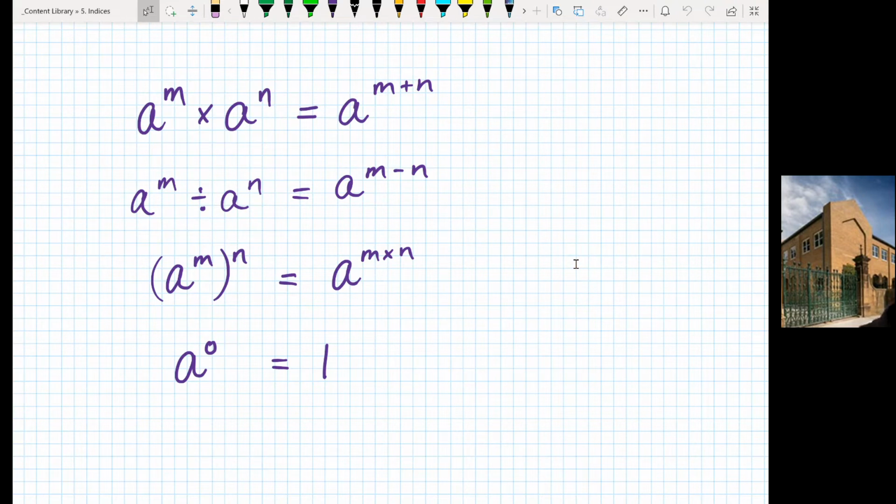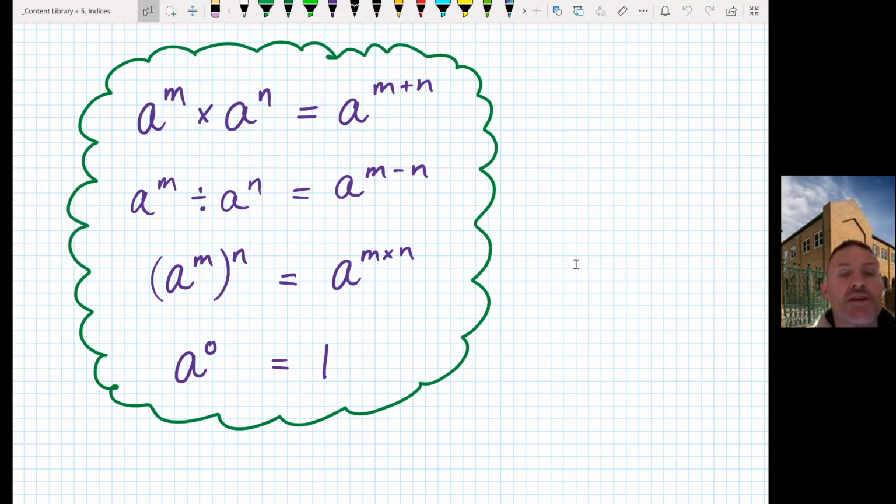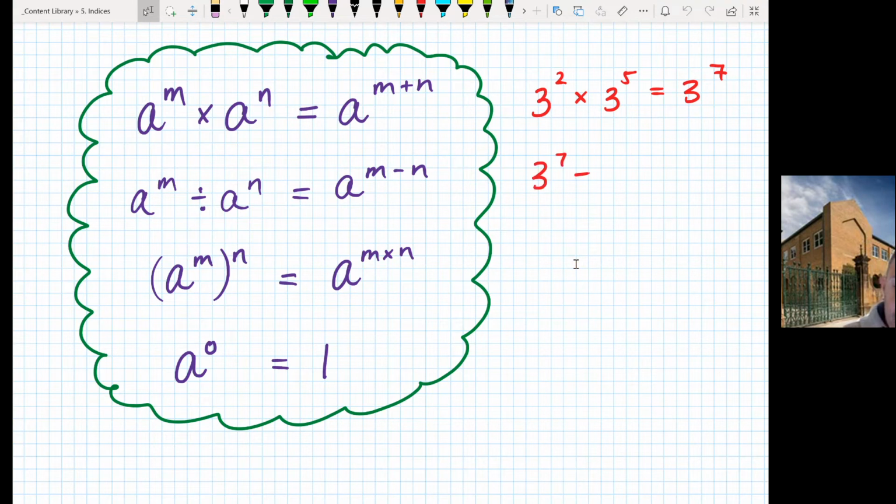They're very important for us to practice. Now, of course, we can do this with algebraic bases like a's, or we can simply use numerical bases like a 3. I'm going to demonstrate very quickly. 3 squared times 3 to the 5 is 3 to the 7. 3 to the 7 divided by 3 to the 4, well, we subtract those, we get 3 to the power of 3.